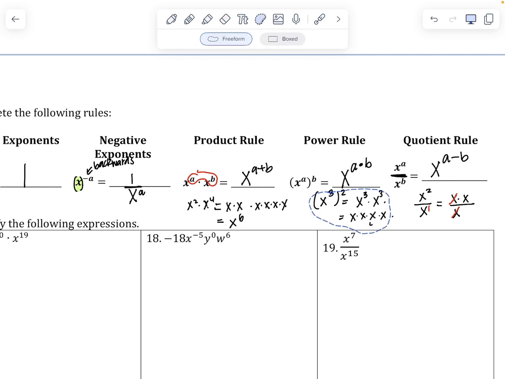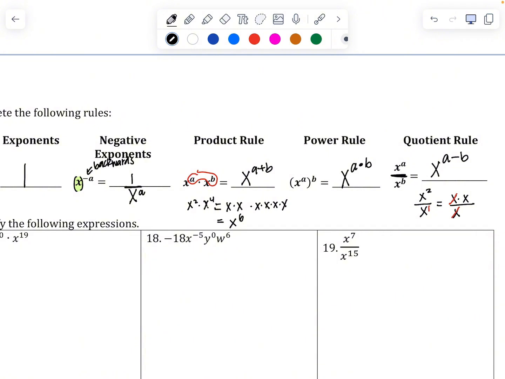I wanted to do one where you had to use the power rule. So a quick example would be x cubed squared. You see that base, x cubed, 2 times. Multiply by itself twice. And you could expand this out 1, 2, 3, and then 1, 2, 3 x's multiplied together.